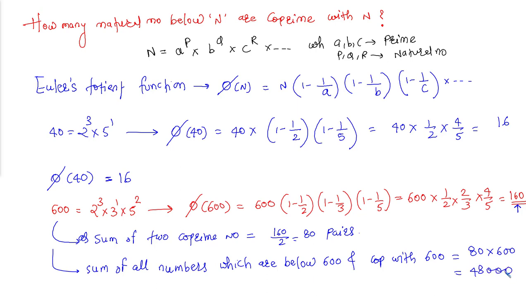Now after this, there is one more question. Let's have a look at it. Let's learn that question with the help of 600. The prime factorization of 600 is equal to 2 to the power 3 into 3 to the power 1 into 5 to the power 2.